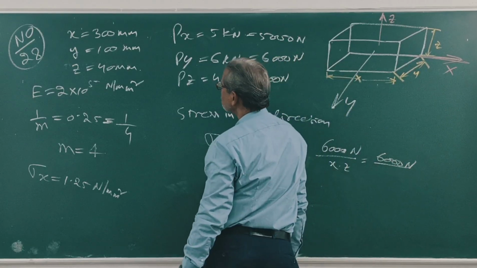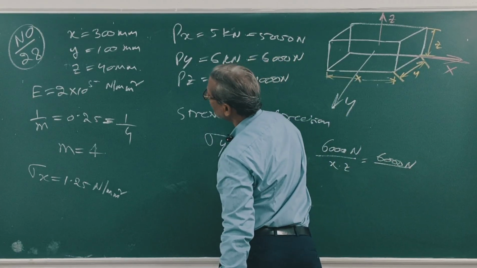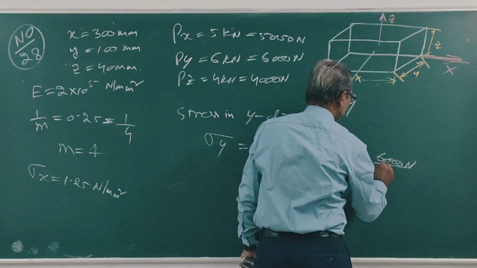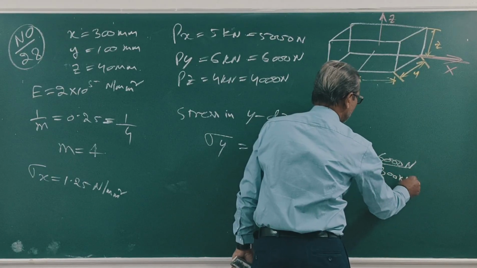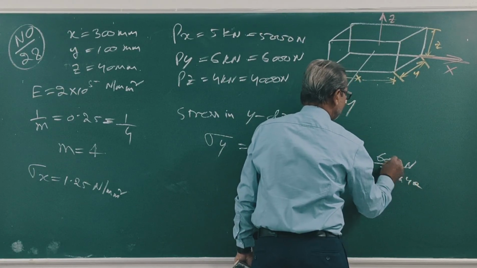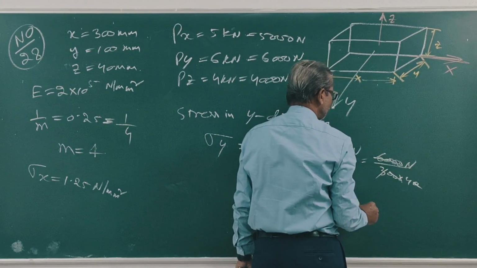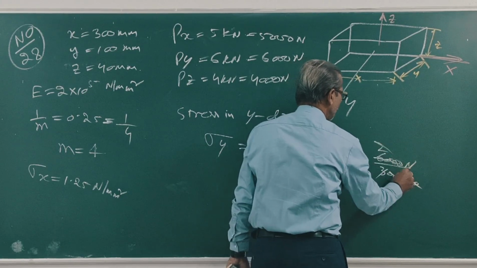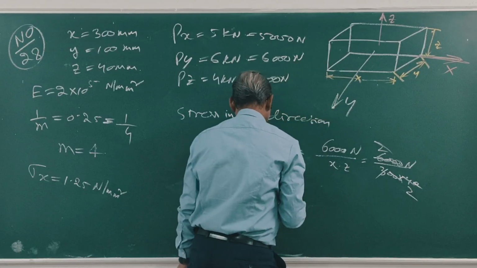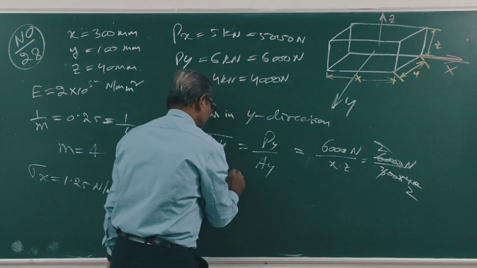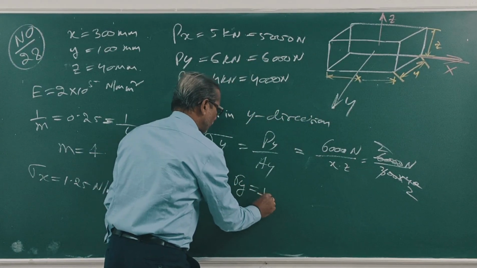What is x? 300 into 40. The 30 cancels. 2 2, so 1 by 2. Sigma y is equal to 1 by 2.